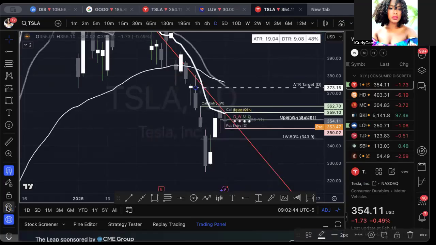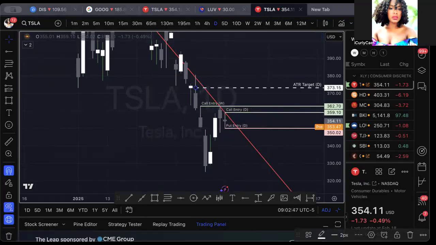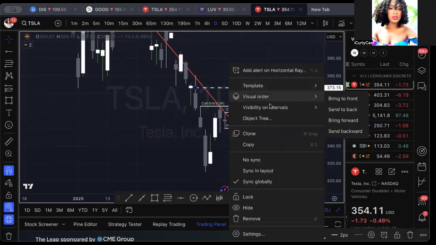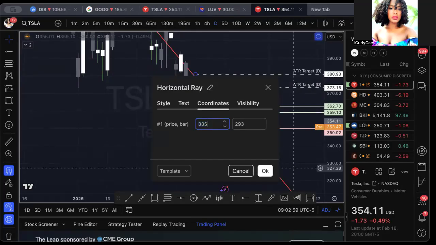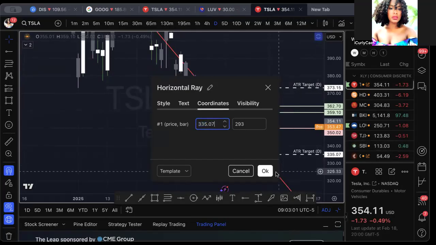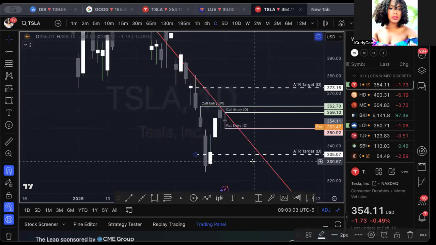And then to the downside, we're looking at 335.07. So now that we have that mapped out, we can actually dig out our targets.